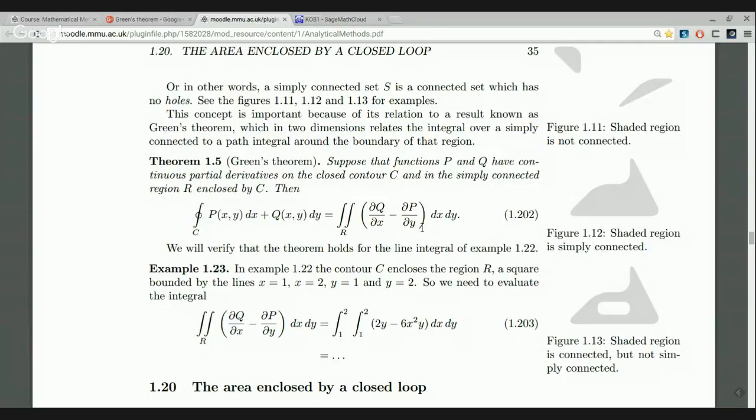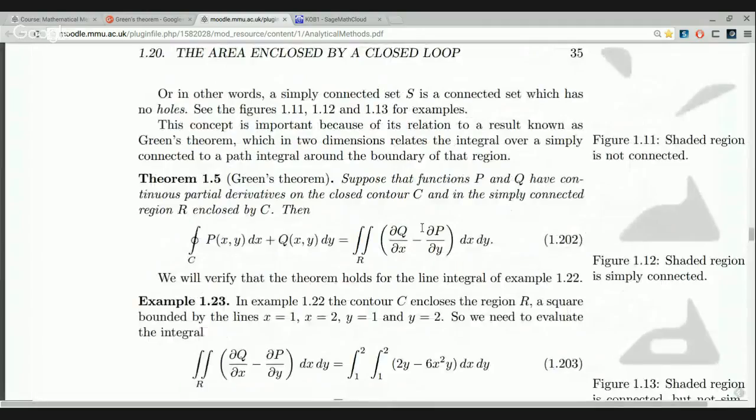And we'll go about it by examining this. So Green's theorem says these two integrals are equal. So what we'll do is examine both sides of Green's theorem, both sides of that equation, and show that they're equal.